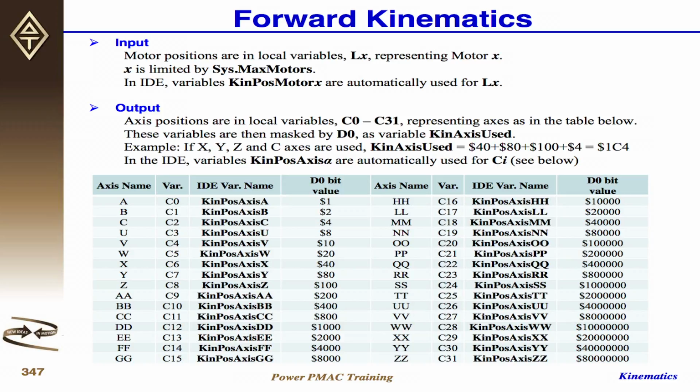The other thing is, if it's not homed, then I want to exit forward kinematics. But I have to know where I called the program. If it's a motion program, I will say, okay, it's the same thing as an abort command if you set this status value to 255. That's an error bit that we have in the motion program execution.